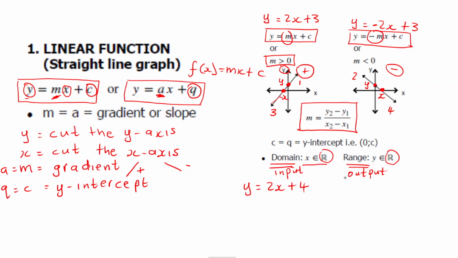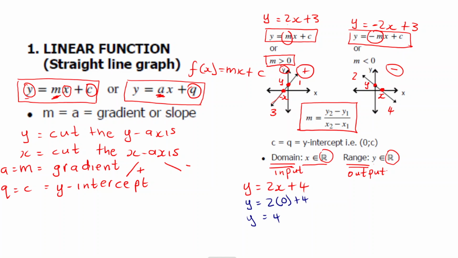So let's quickly draw the graph of y equals 2x plus 4. To draw this graph, you need to find the y-intercept. To find the y-intercept, you make x equal to 0, then y is going to be equal to 4. Now you also need to find the x-intercept.